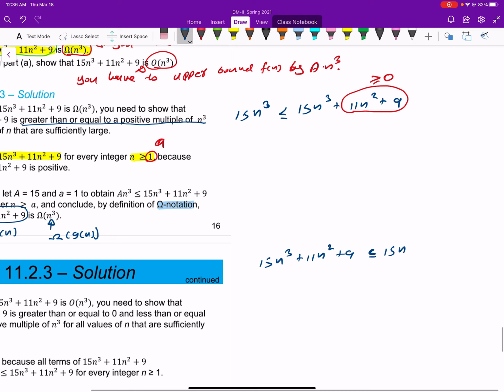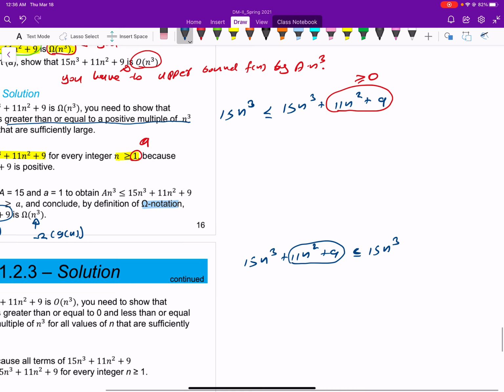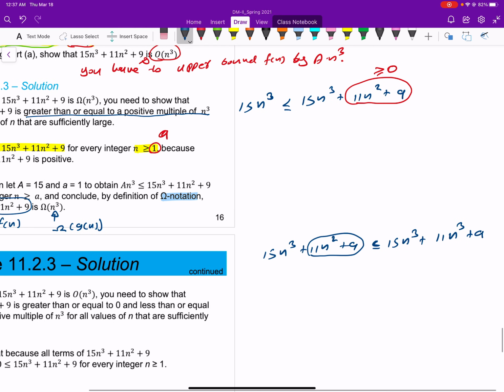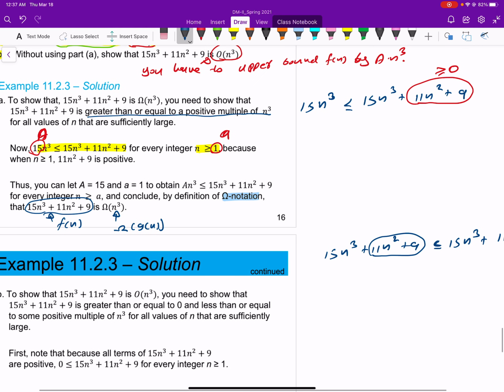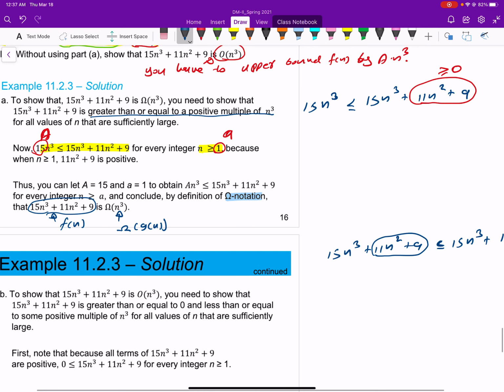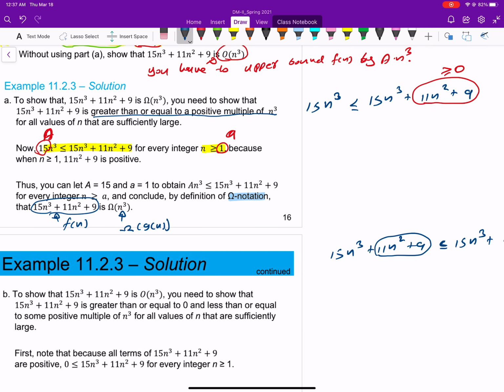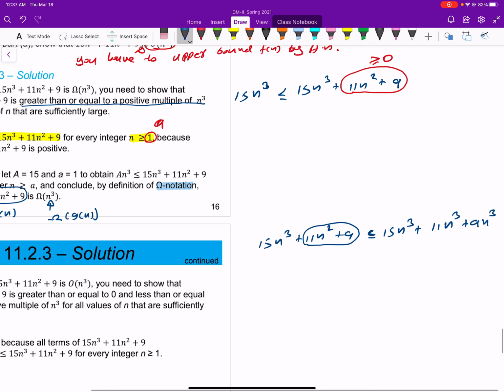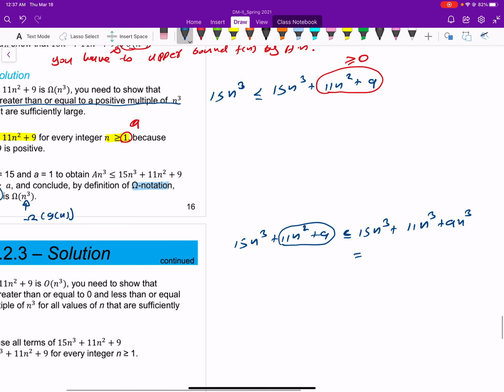First I write 15 n to the power 3, and for the other parts I'm going to write 11 n to the power 3 plus 9 n to the power 3. So this can be simplified as 15 plus 11 plus 9, what is that, 35?